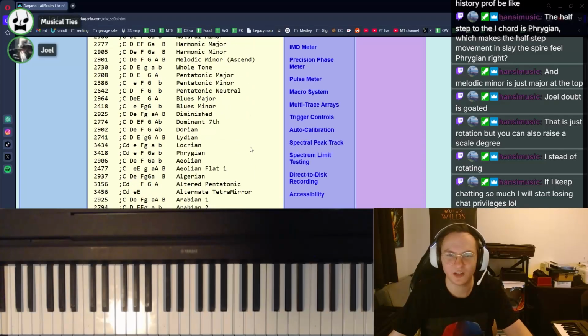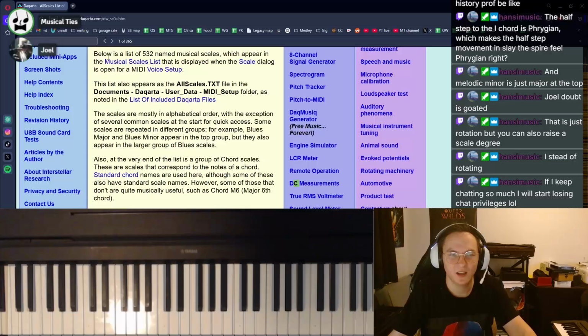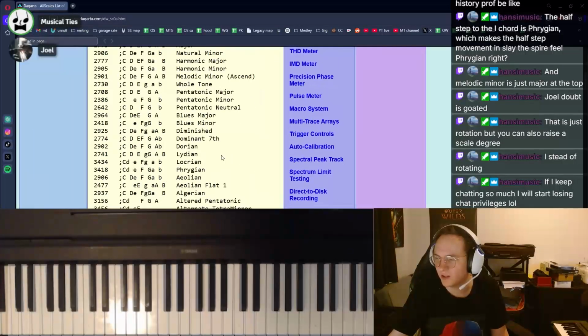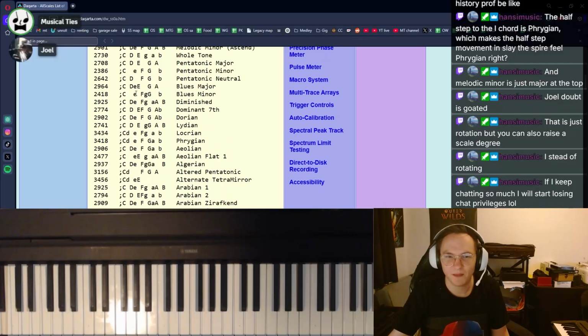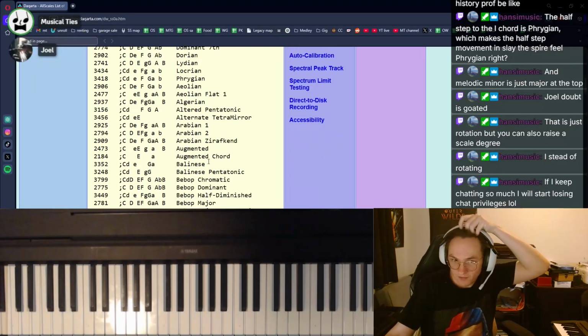So you could literally just Control F and type in a certain order, and it gives you a starting point for different scales. That's handy. Yeah, it was really handy.